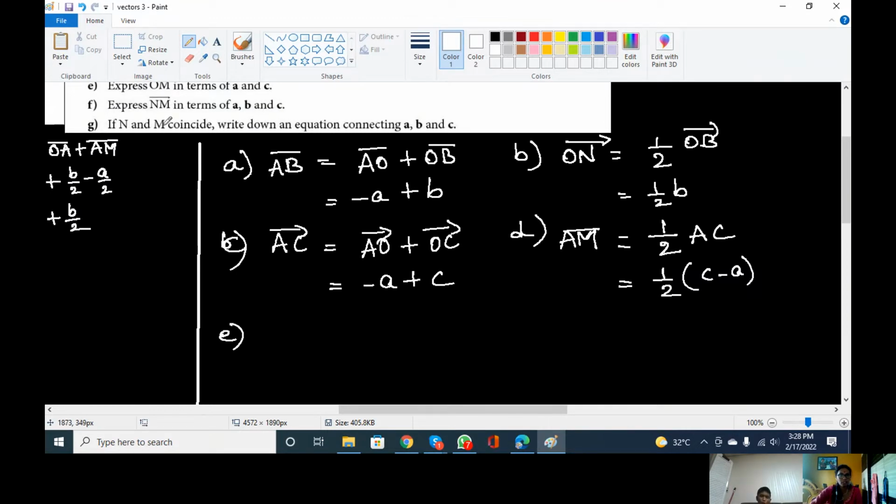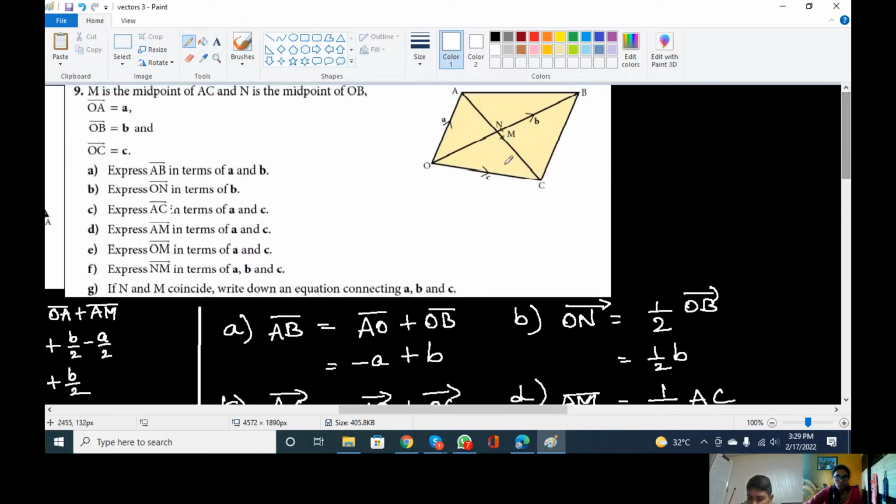Next, E. OM in terms of A and C. Vector OM. You need to go O to the M. So you can go in this path or you can go in this path. So do we know CM? No. So we can choose this path. O to the A, we know this, and A to the M. Yes, we know both of these things.